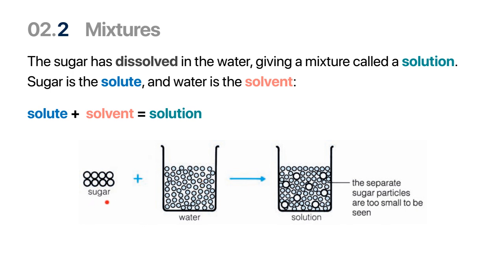Whatever you're trying to dissolve is known as a solute, and whatever you end up dissolving it in is a solvent, and the things combined, could be multiple things, could be salt here as well. All of those things combined are known as a solution. So in salt water, the salt would be the solute and water would be the solvent, and together they're a solution.